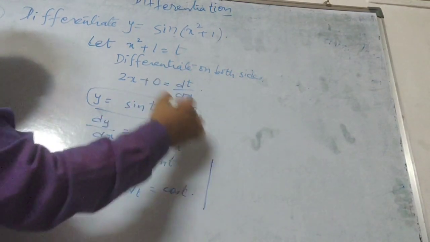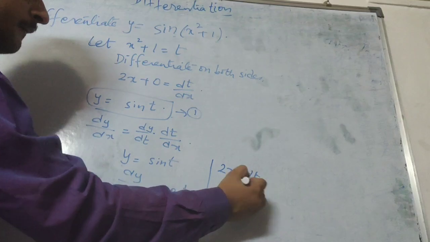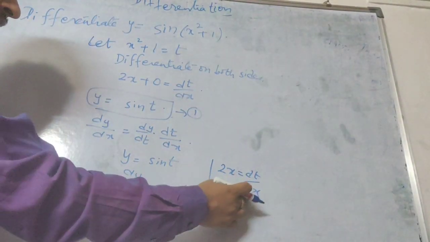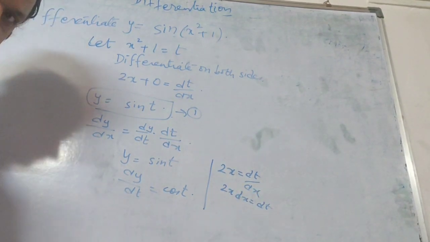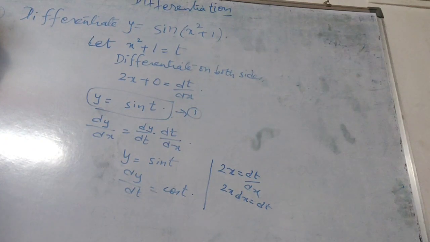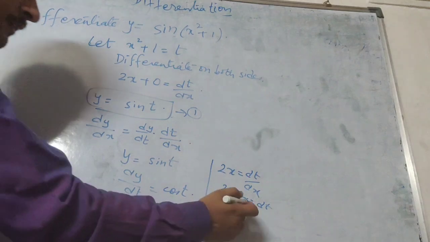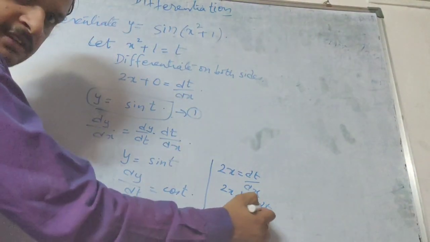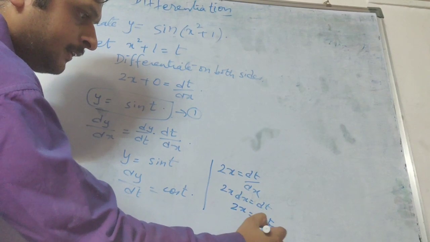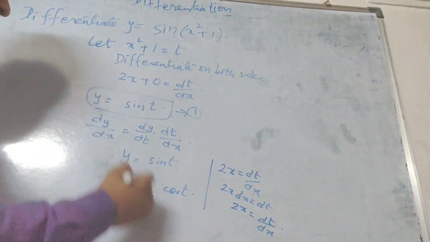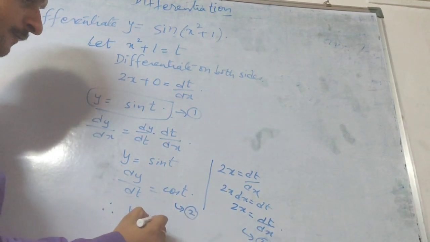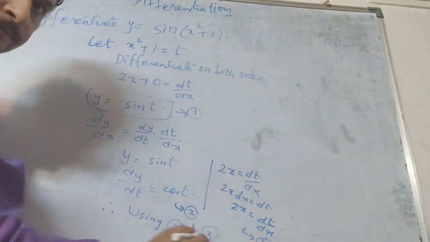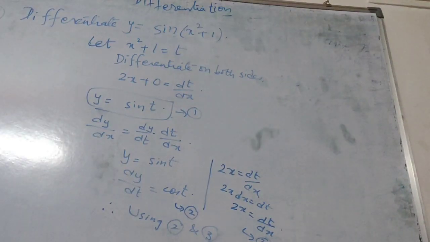Now 2x equals dt by dx, equation 3. Using 2 and 3 is the next step.